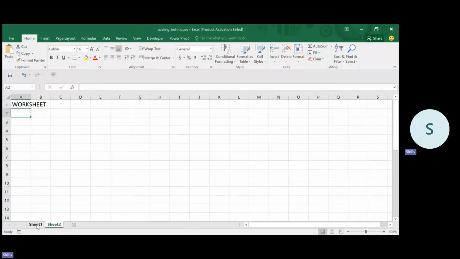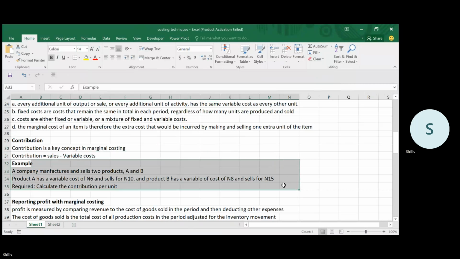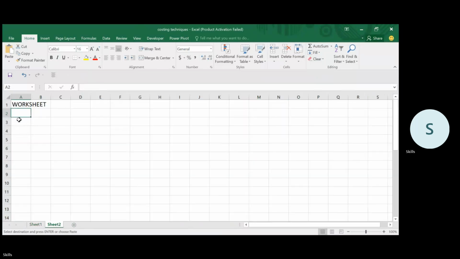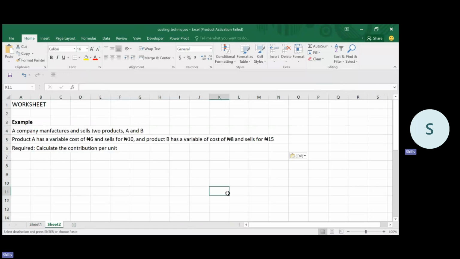Let's take our question. Let me copy it here. So the requirement here is for us to determine the contribution per unit.